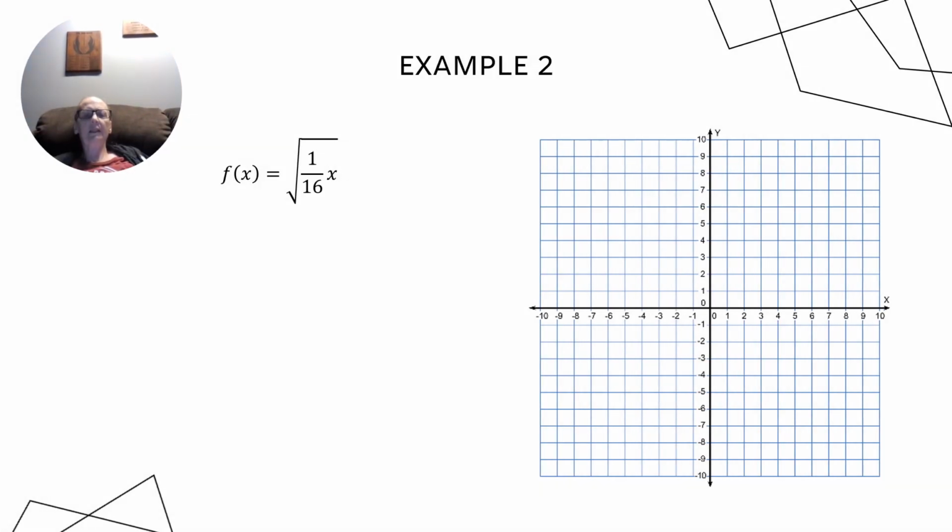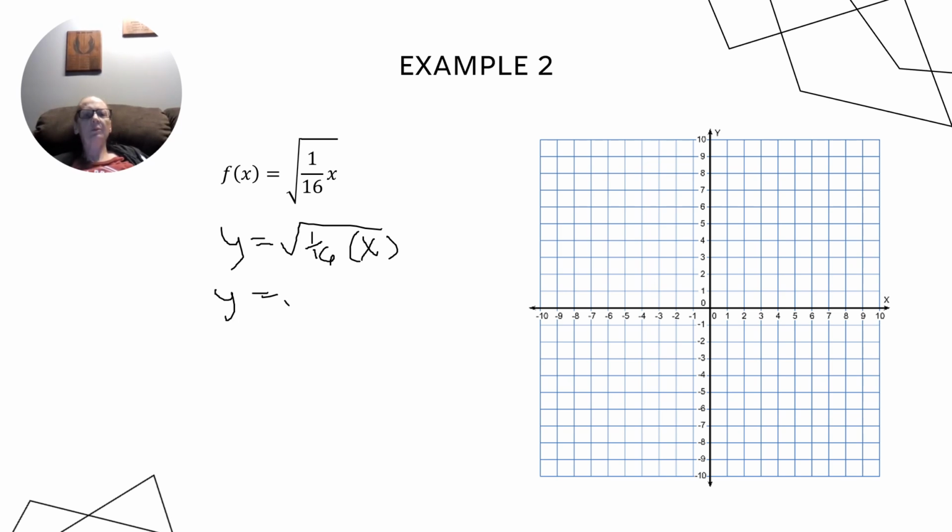All right, in our second example, we have something inside the square root with the x. So we start by factoring that out like we do with every other problem. I'm going to write y instead of f of x, and I'm going to separate it out. So it's literally 1/16 times x. And then we go ahead and separate out the square roots.